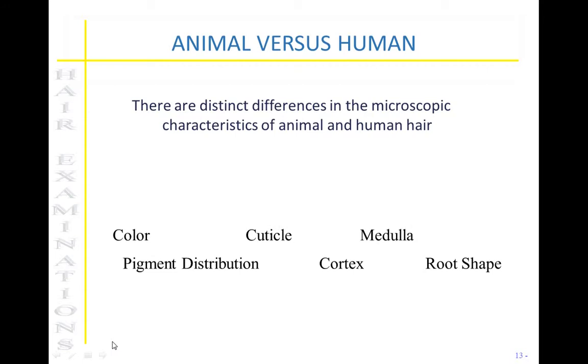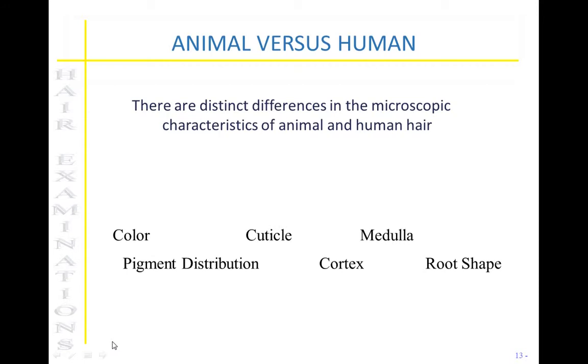Human hair will always have an imbricate cuticle and an amorphous medulla when it is present. The pigment distribution is also very evenly spaced in human hair. With animal, it may be oriented more towards the cuticle of the hair.